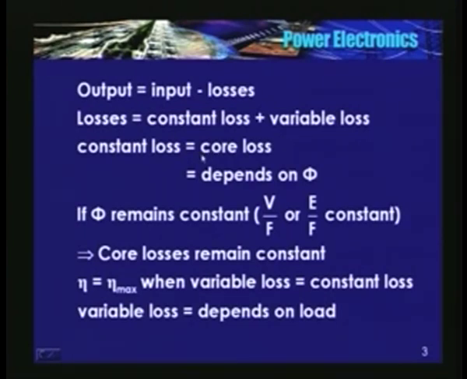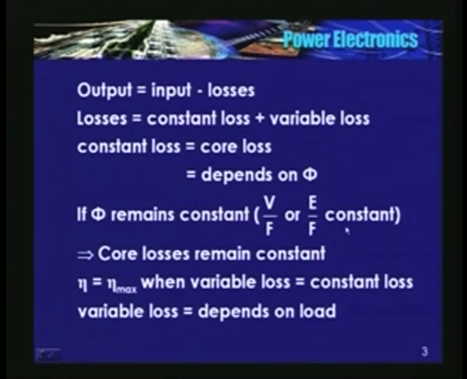Constant losses, I will name them as core loss. They depend on flux. Frequency remains constant here, so it depends on flux. Flux in the machine remains constant if V by F or E by F is held constant.